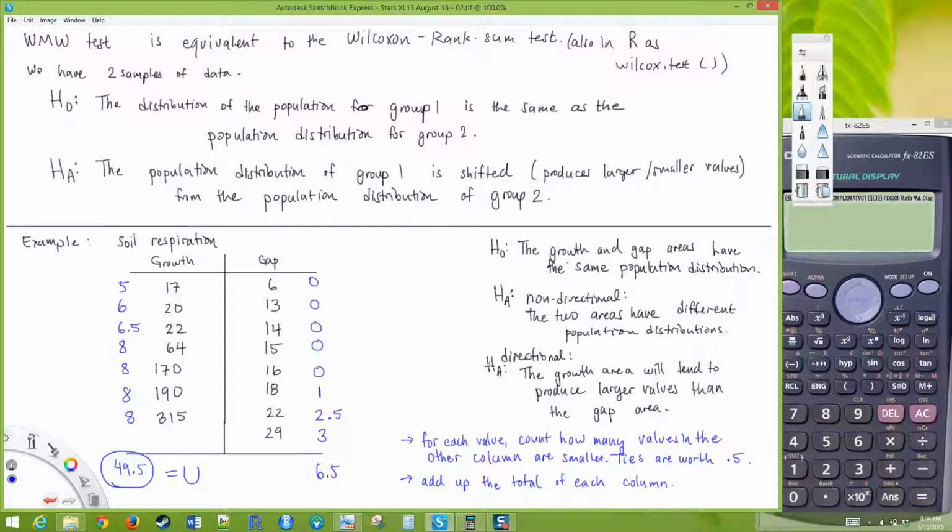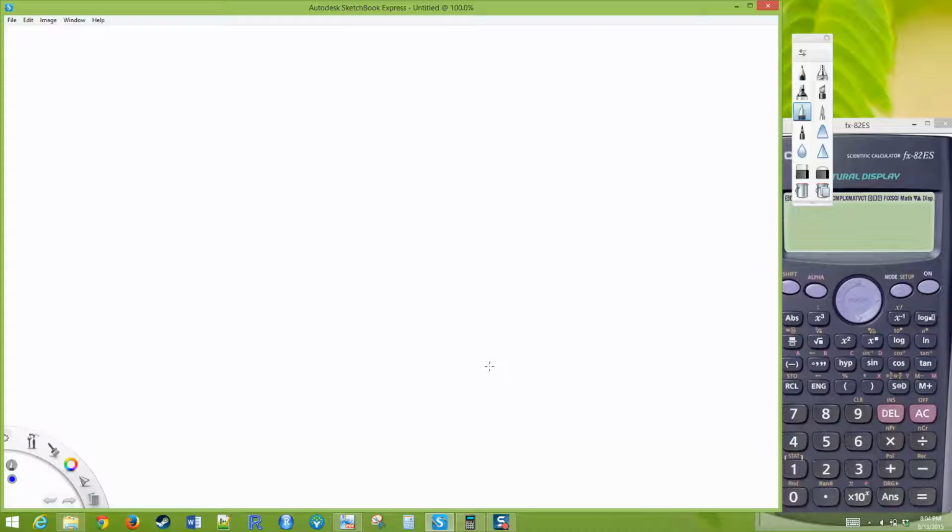Okay, and so at this point we go to a reference table, and we look up this value 49.5, and the reference table will convert this test statistic into a p-value. So we use the Wilcoxon Mann-Whitney reference table.